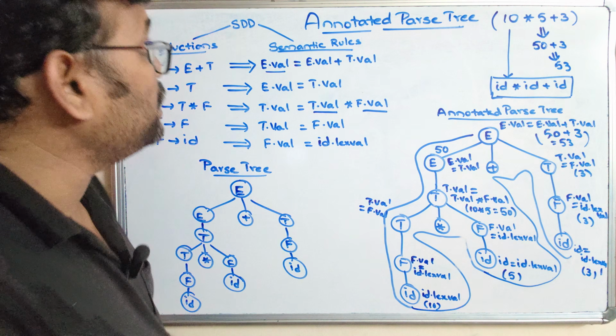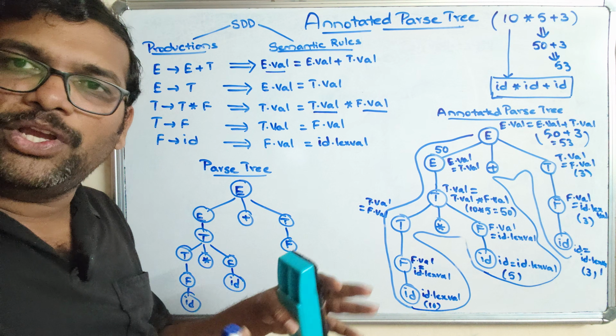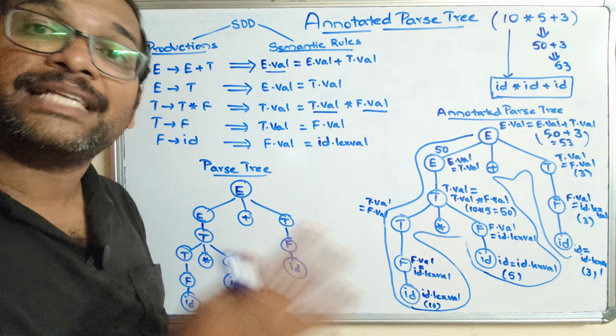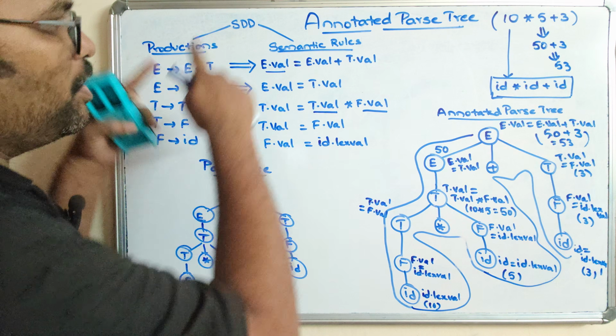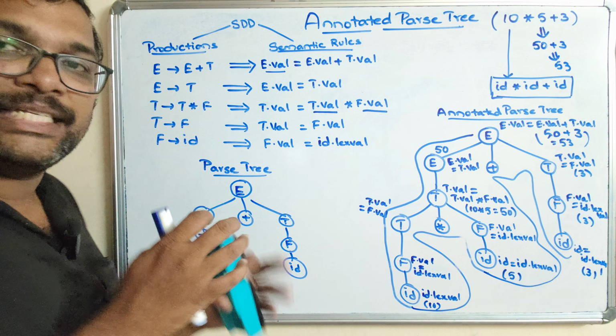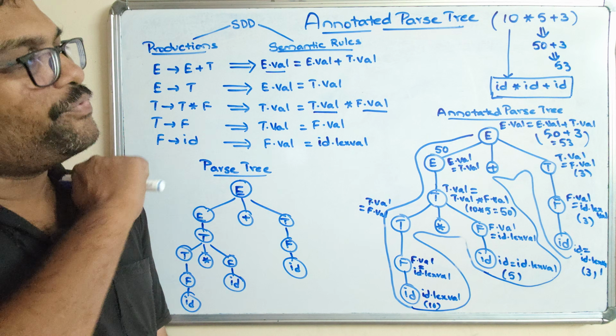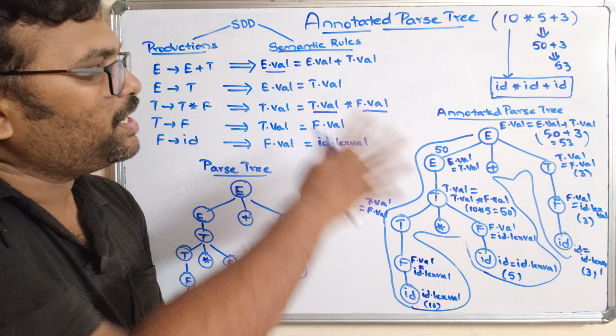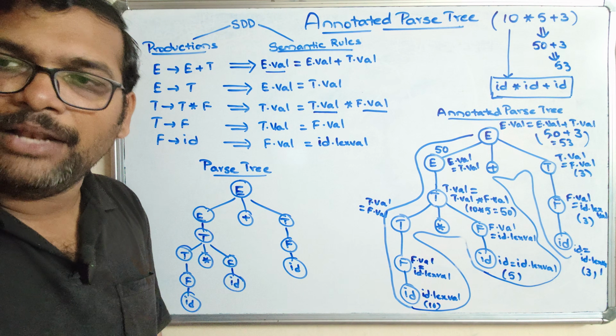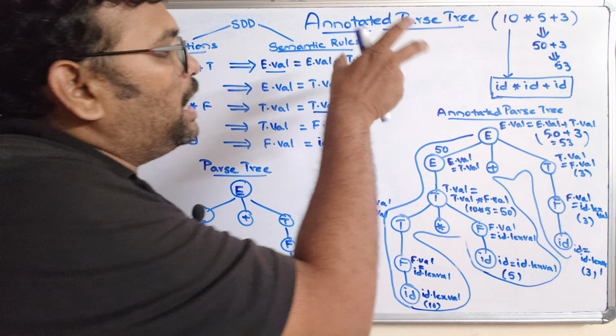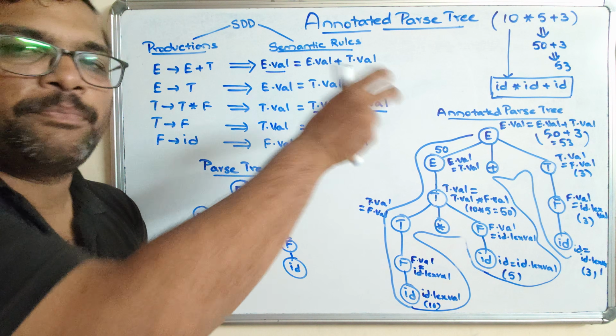Okay, and the implementation of this particular SDD, we call it syntax directed translation. As here all the productions have synthesized attributes. Here you can see in the semantic rules, every non-terminal is represented with a value. Also the LHS completely depends upon the RHS.